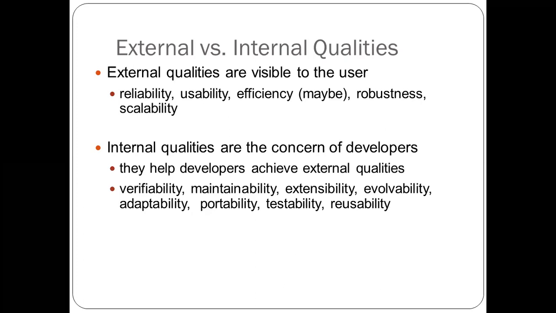So at each and every stage we will verify the working of that particular software. Similarly evolvability: we will also check the evolvability, and the other functions we use during the development of the particular software. We will also check adaptability. So these are the various factors that come under the internal qualities.